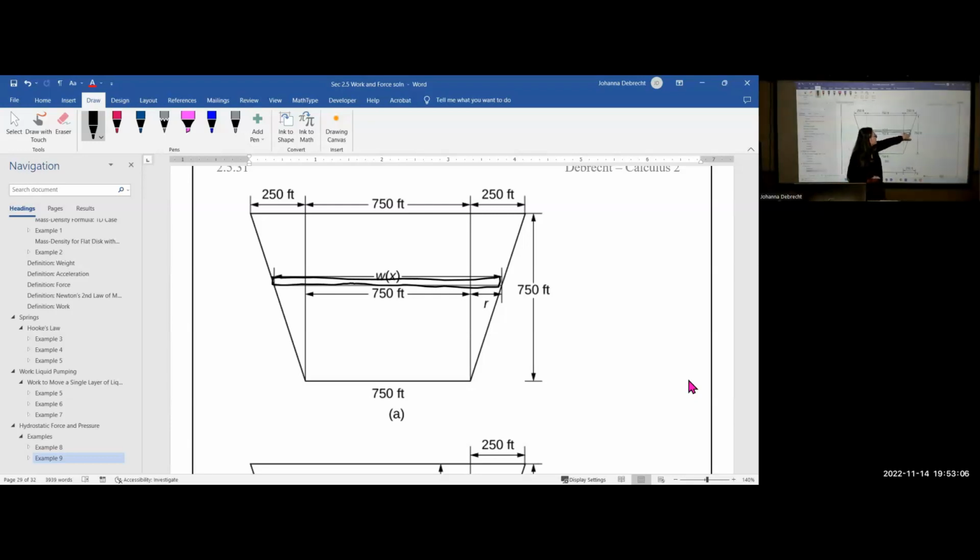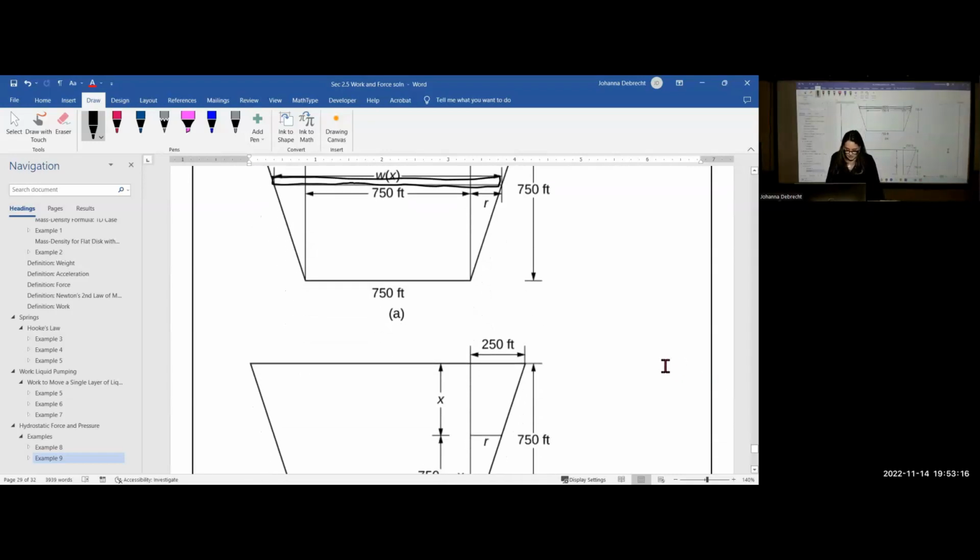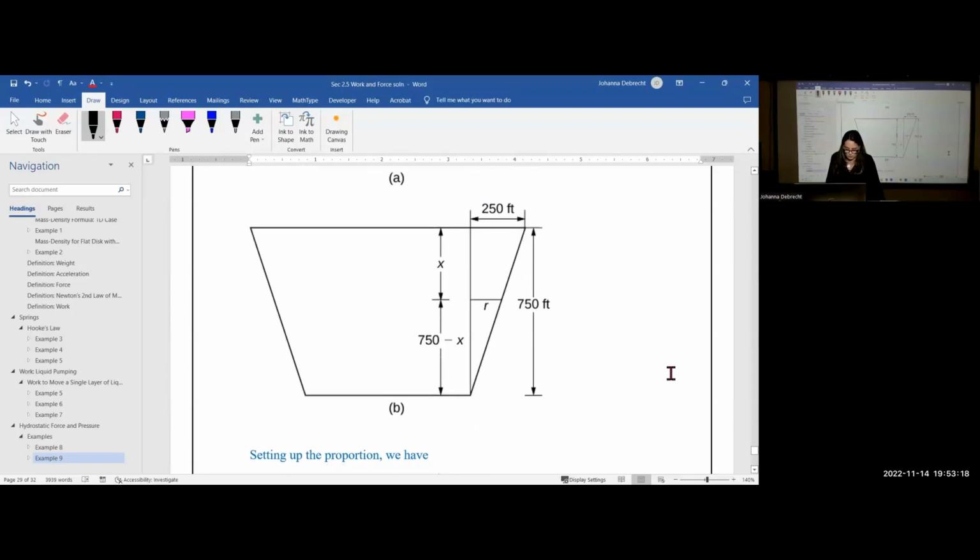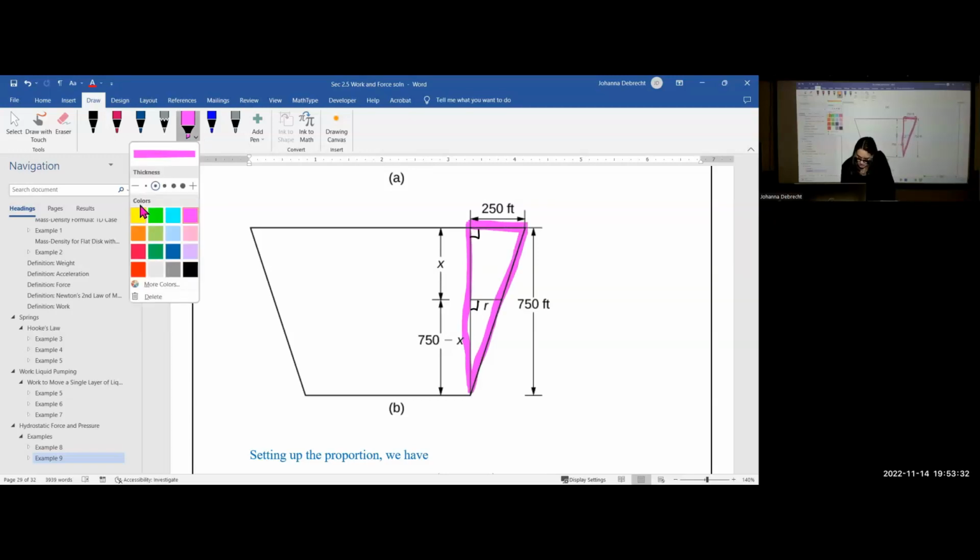So I want to find this distance right here, which your book labeled R. I probably would have called it something different, but R works for me. When we're looking at this, we again have similar triangles. Let me outline the two similar triangles for you. We've got right angles there and there, and the large triangle is here, and the smaller triangle is here.